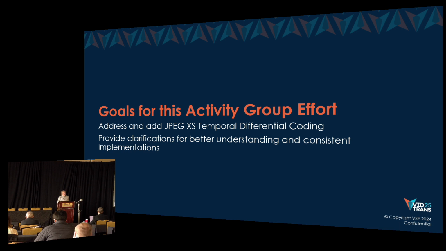The software implementations are a little bit different, and I think the second point there is that there is some difference in understanding of the standard and implementations between the two, and they don't always play well together. So that's something that we want to try to address as we move forward.